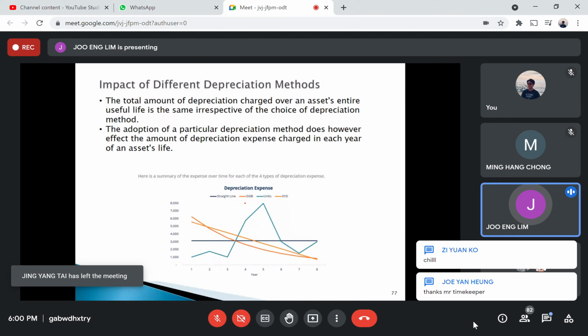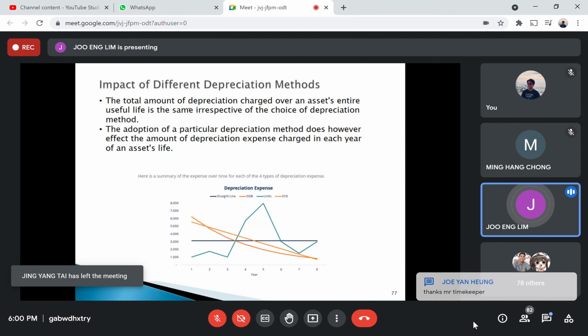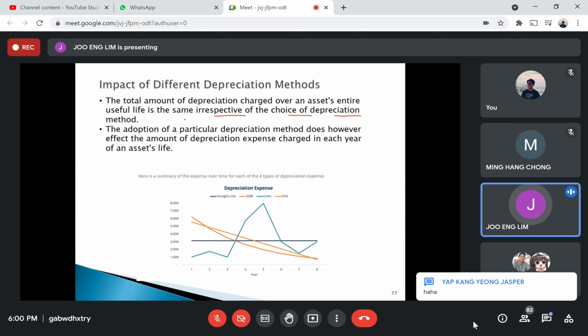Put everything into this graph and you see the total amount of depreciation charge over an asset's entire life is the same irrespective of the choice of depreciation method, right? At the end, you must recover.